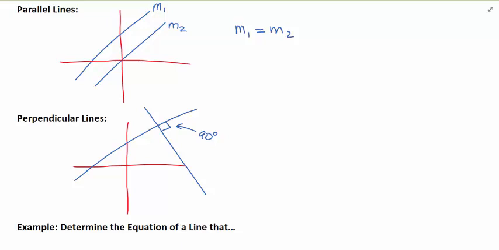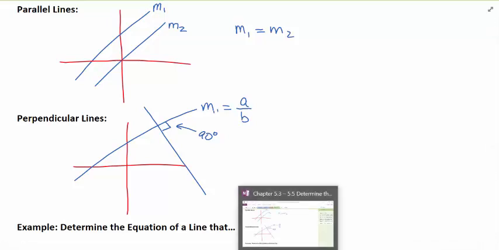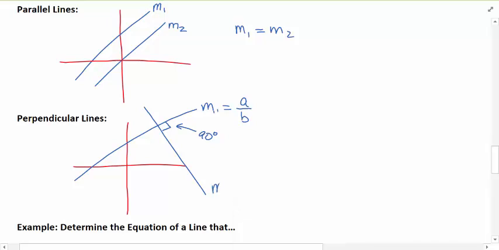Alright, let's say that this one is m1. So that's slope 1. And the slope is A divided by B. So let's say that the slope of this one here, m1, is A over B. If the two lines are perpendicular, guess what the slope of this line is?